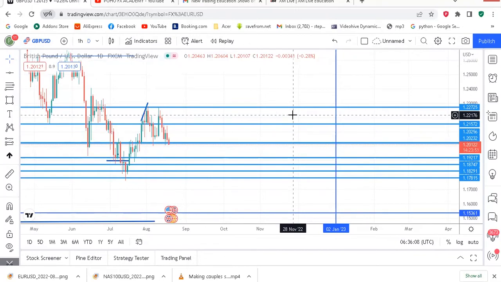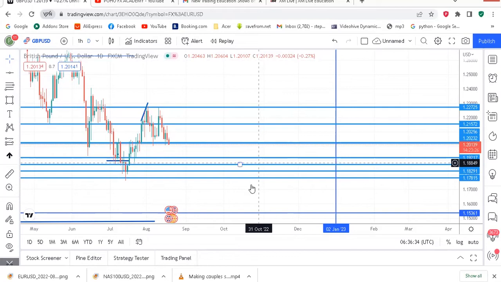But you can still find yourself in a bad trade because of the influence that fundamentals usually have, right? Cool.